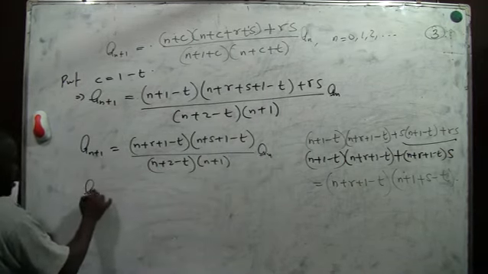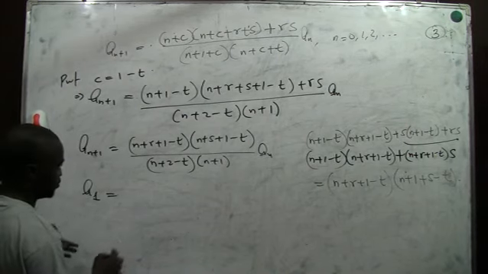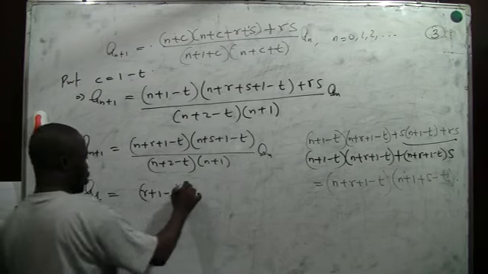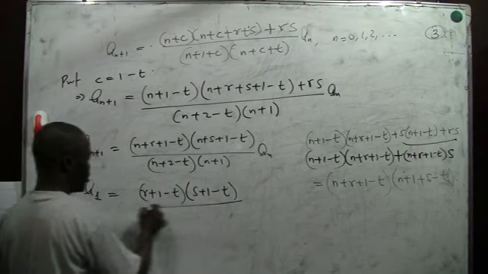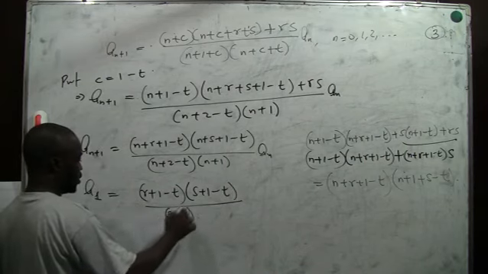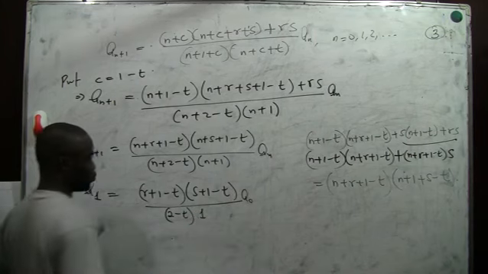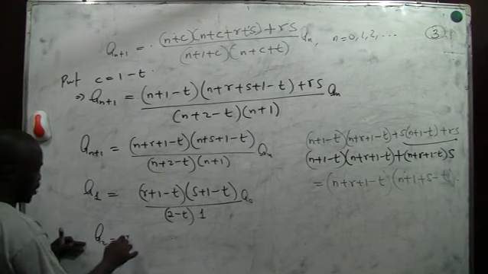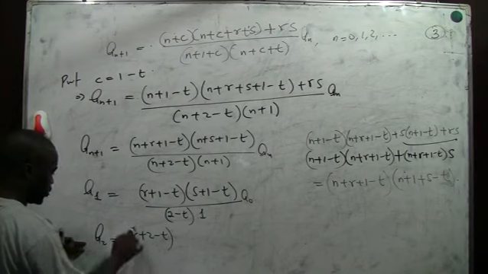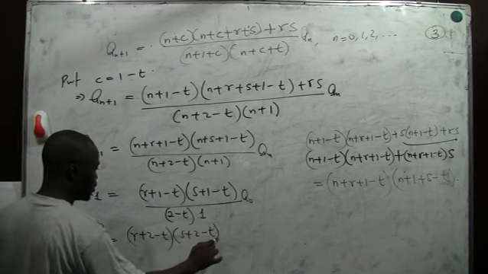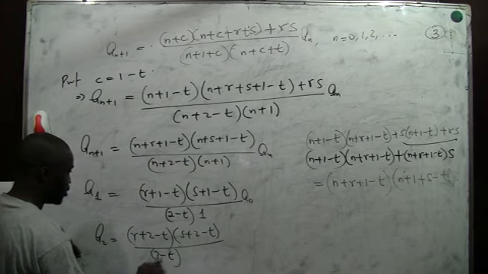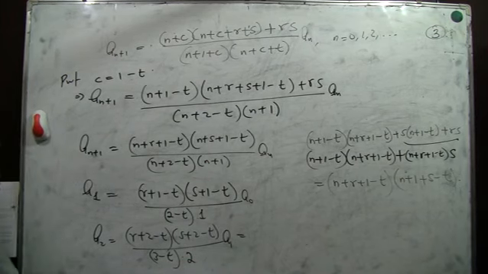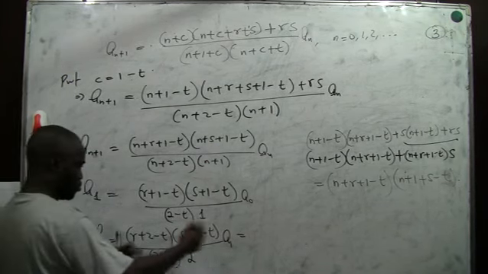So that our a1 becomes, substituting n equals 0, r plus 1 minus t into s plus 1 minus t, divided by 2 minus t, then 1, a0. a2 gives r plus 2 minus t, s plus 2 minus t, divided by 3 minus t, multiplied by 2, a1. a1 has a value already, and this is the value, so we substitute.